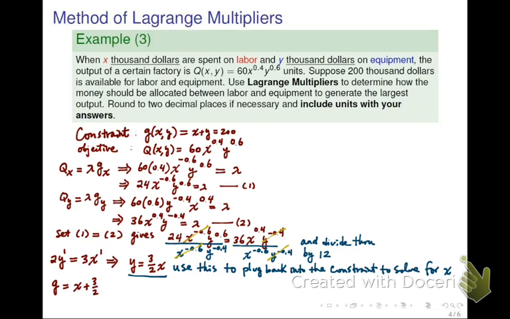So x plus 3/2 x is equal to 5/2 of x, which is then equal to 200 as the constraint.